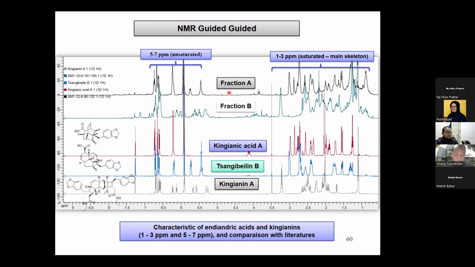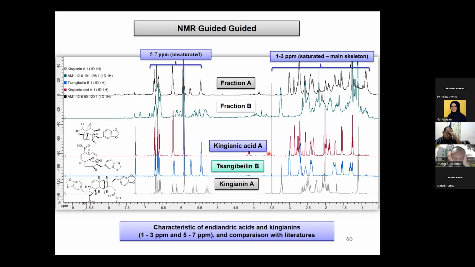And if we see fraction A here, we can clearly see the enryandic acid skeleton by comparing the substitutions. It means you have to do more column chromatography to get the pure compounds, but at least you are really confident that your fractions contain this kind of compounds.